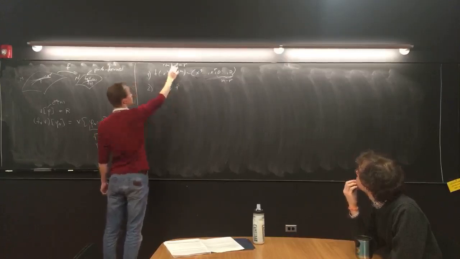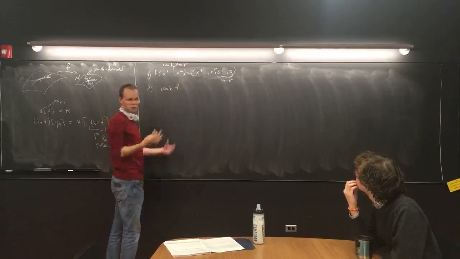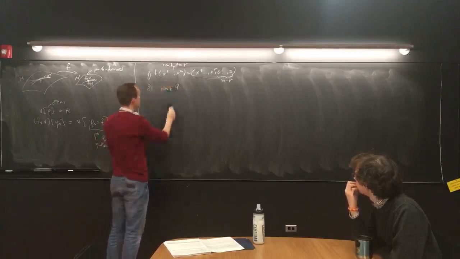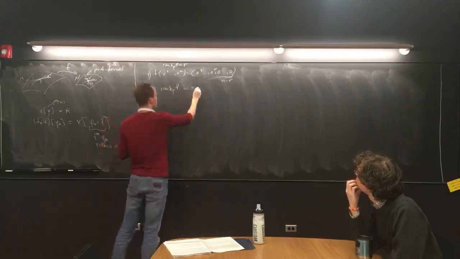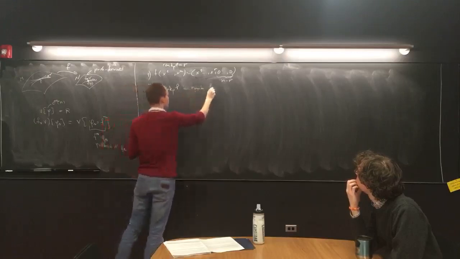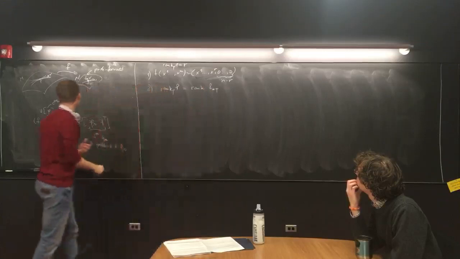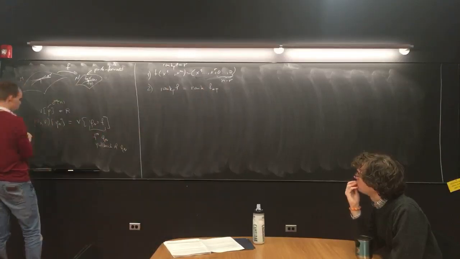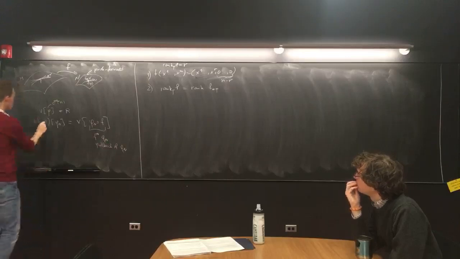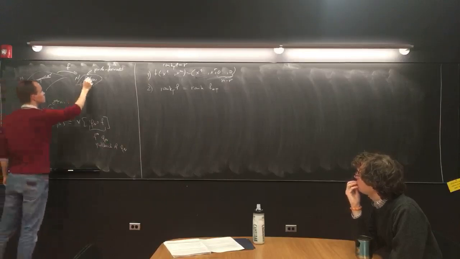This is at a specific point, and this formula is supposed to hold in the neighborhood of that point. And the second, equivalent definition: the rank of f at point P is defined as the rank of the push forward at that point. These f stars are actually taken at the point P. That's the notation for that.